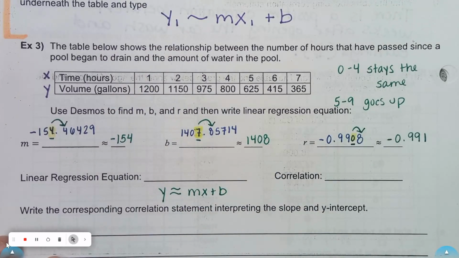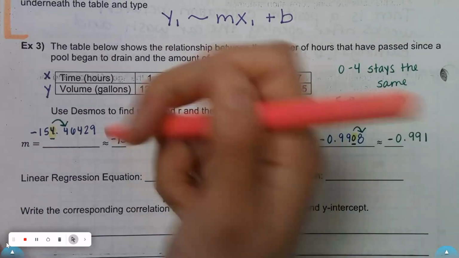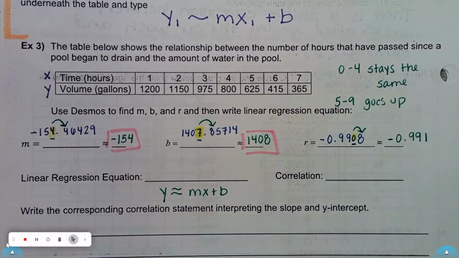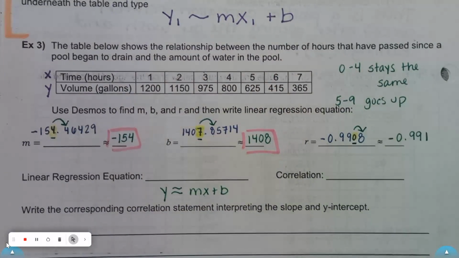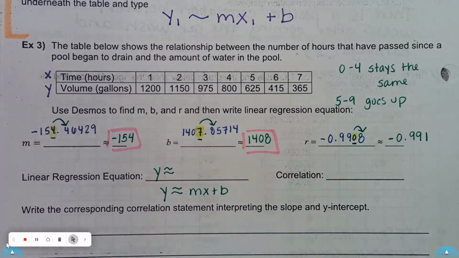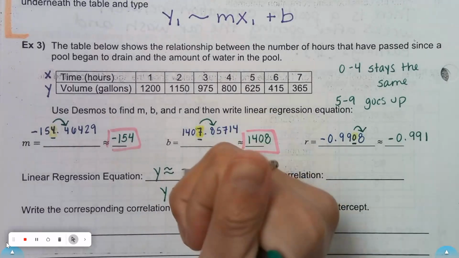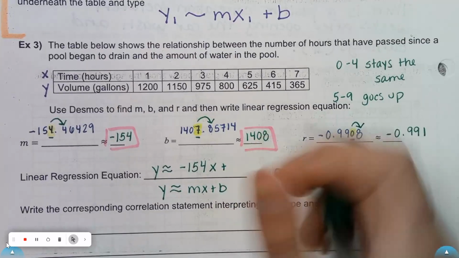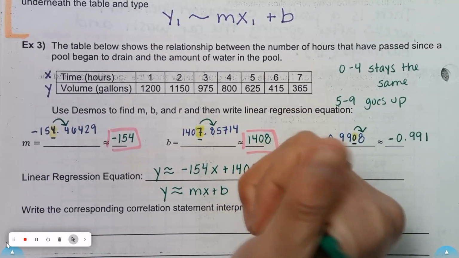Okay, and you want to use the rounded answers, these two. So your linear regression equation is going to be y is approximately m, where m is negative 154, x, and then your b is 1,408.